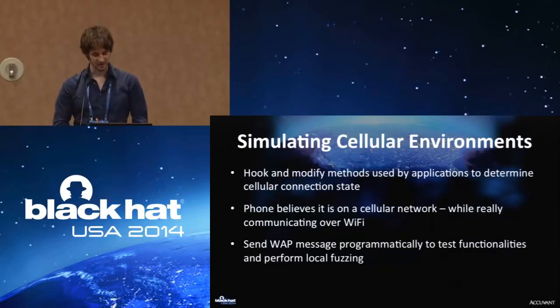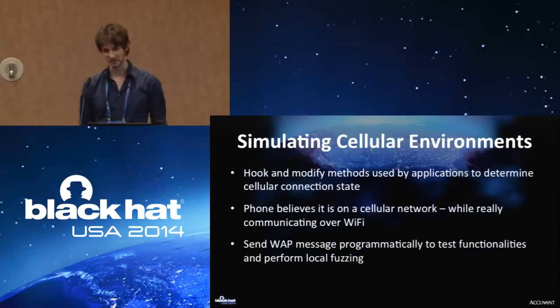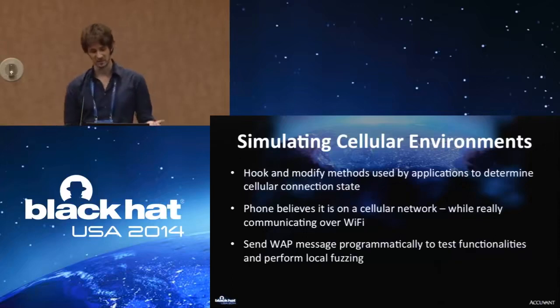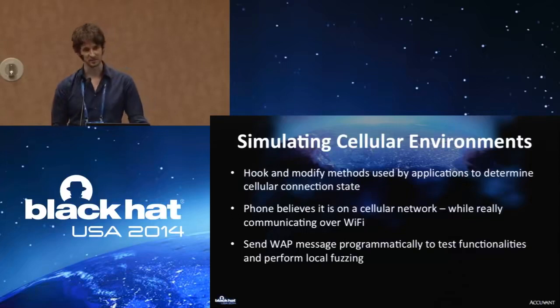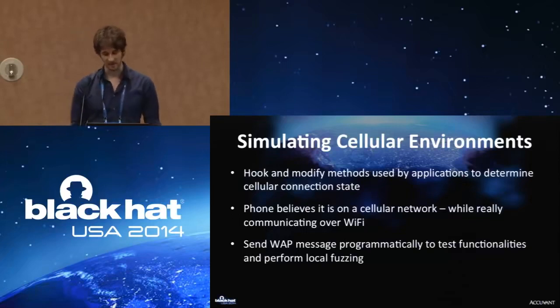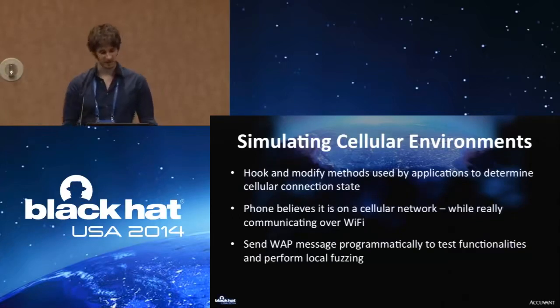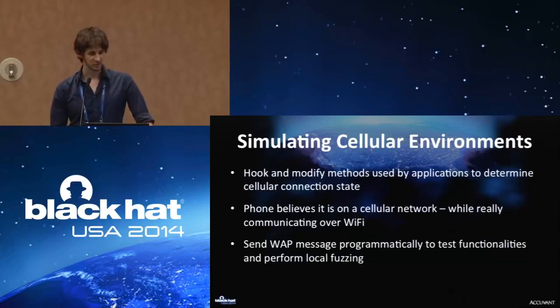So basically, everything the phone checks to determine the network type, which is dependent on the application or system-wide, are functions that are hooked and allow really testing over Wi-Fi and sending heavy payloads.